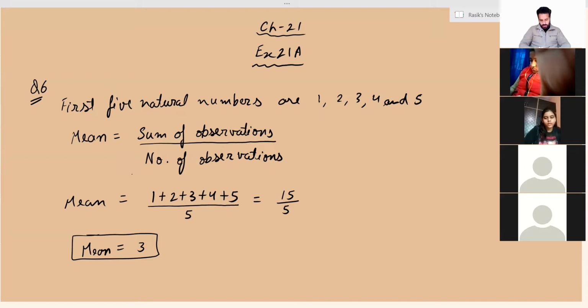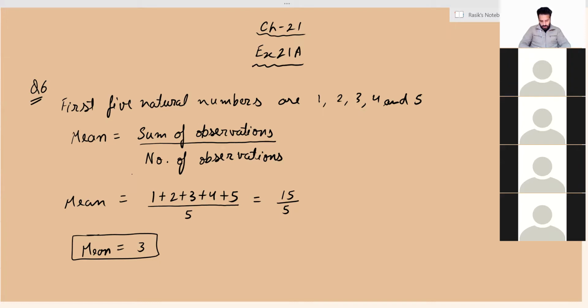Very good. Excellent, Soumya. Thank you, sir. Kanak has also done it. Very good, Kanak. 36 divided by 6 is equal to 6. Mean equal to 6.